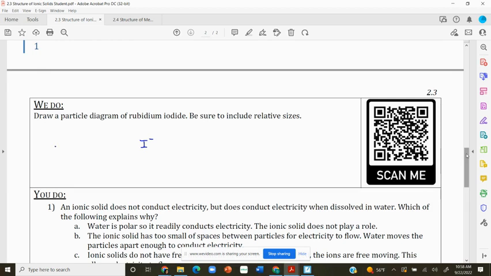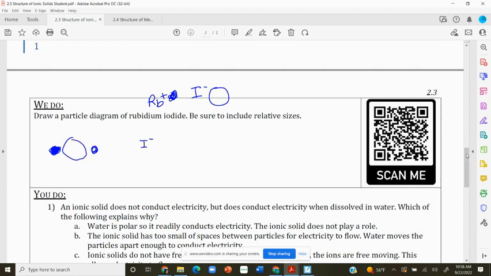All right, so Rb is going to be smaller. So I'm going to do Rb plus as a solid circle, okay? And iodine minus, I'm going to do as a circle like this. So I'm going to have one of these, and then I'm going to have an iodine.